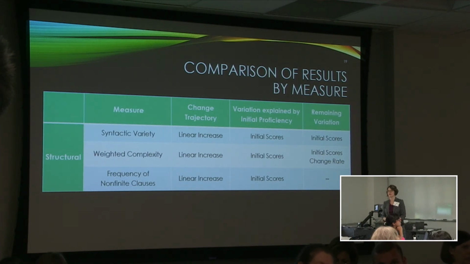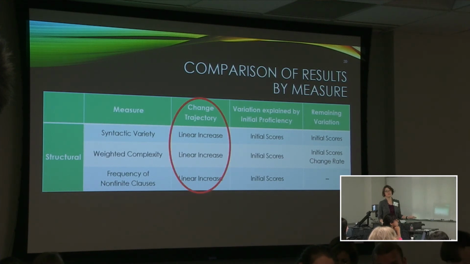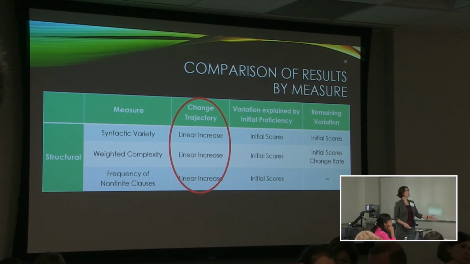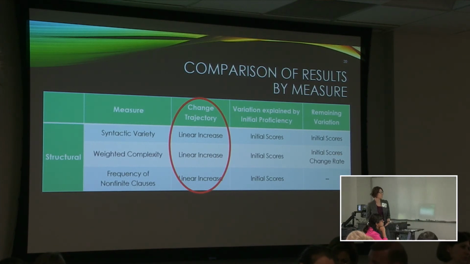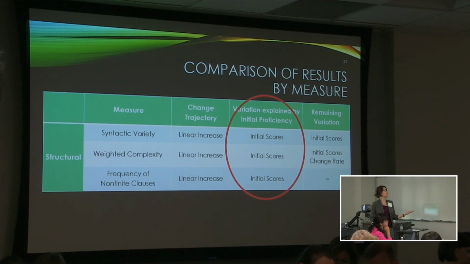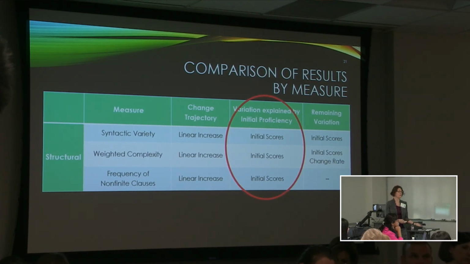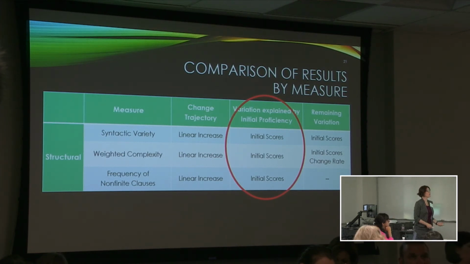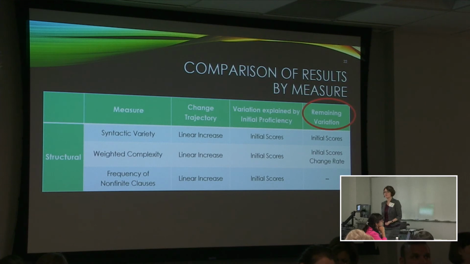Here are the structural measures. Same thing, right? All three of these measures, even the exploratory ones, found the model showed a linear increase over time. And again, all three showed that, guess what? If you put in initial proficiency in the model, it does explain the differences in initial scores. Again, remaining variation.